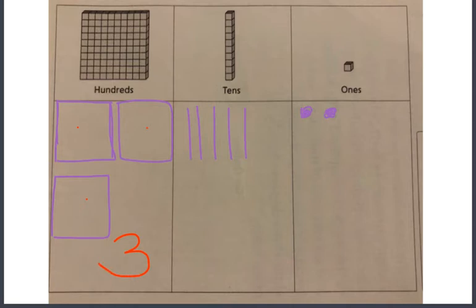What is the value of the 3? 300. How many tens are in this number? 1, 2, 3, 4, 5. 5 tens. What is the value of the 5? 50.